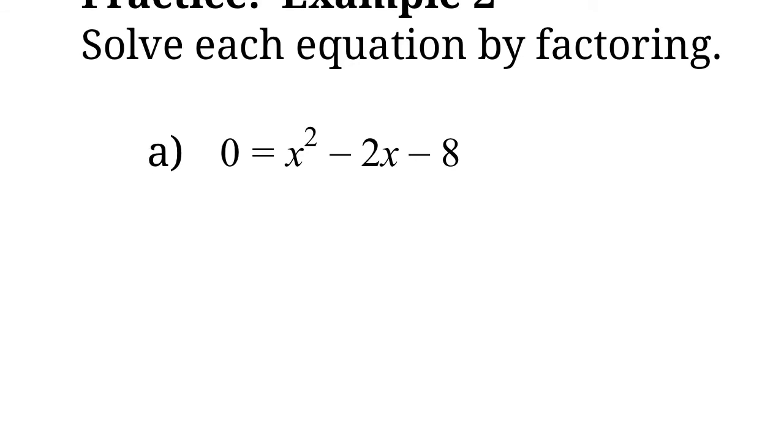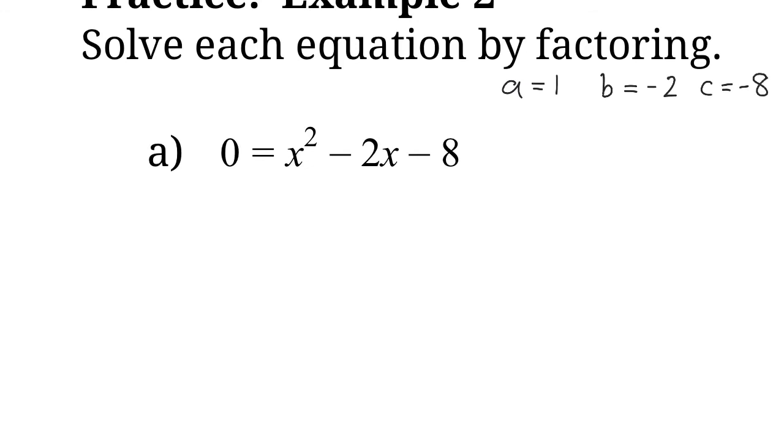So I'm going to do that here on the side. So my a value is 1. My b value is -2. Make sure that when you are reading off your values, you also pay attention to the sign that is attached to it. And my c value is a -8.